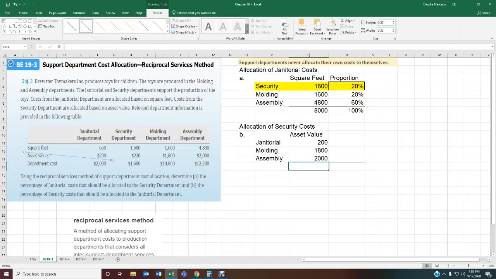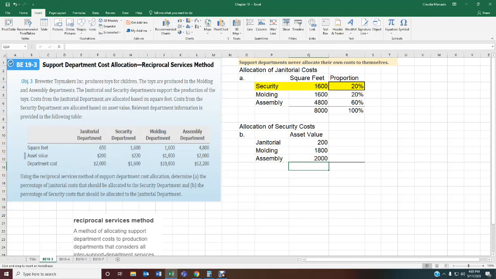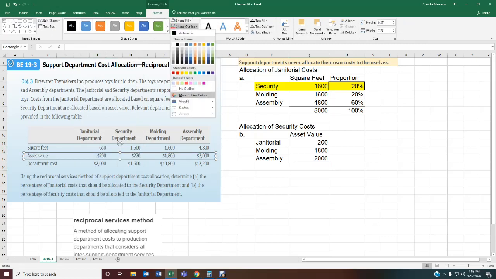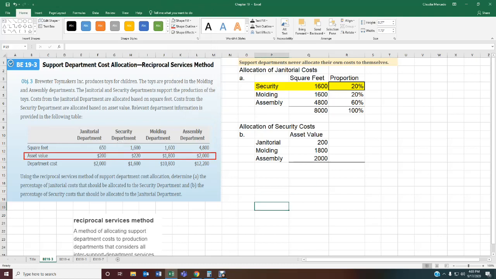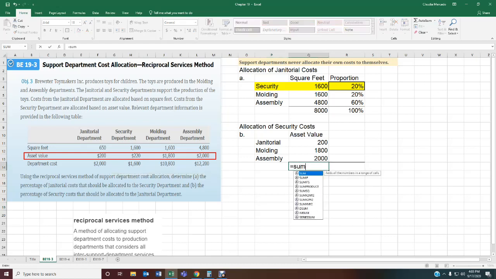Sorry, I put an insert shapes right here. In this one, we're looking at no fill. We're looking at asset value. And remember, we do not allocate our own costs, so we're going to exclude security, and we're only going to distribute to janitorial, molding, and assembly. Now I'm going to get my total.